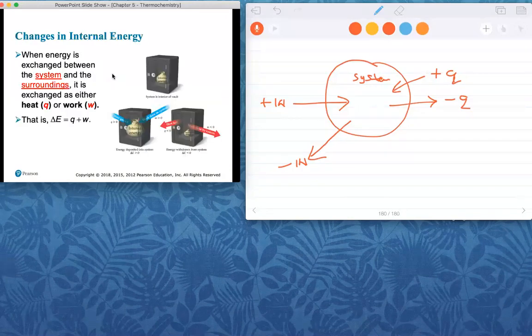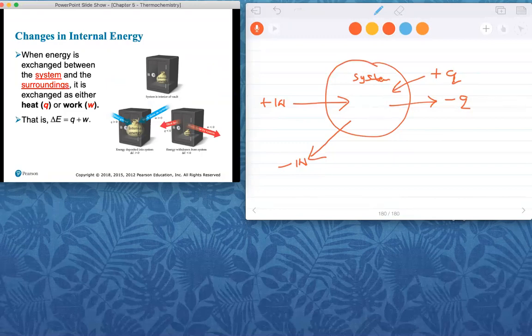A time will come where you have to assign the numerical value, the sign convention, so that when you look at this equation, the numerical value for the change in internal energy will be a function of the sign convention for Q and the sign for W. Those little minor things will really throw you off, because you will think it is a one-size-fits-all equation of Q plus W, and then boom, I end up with the answer.